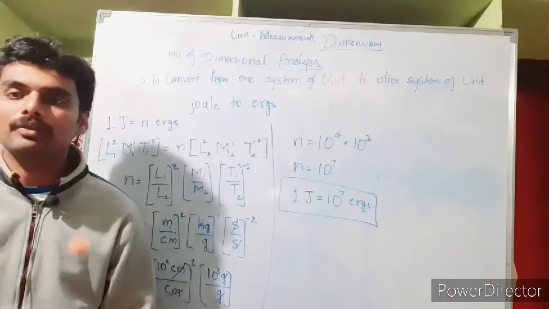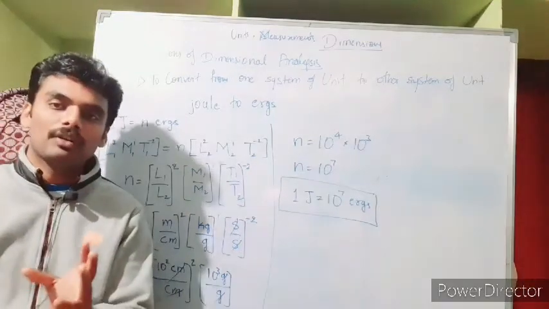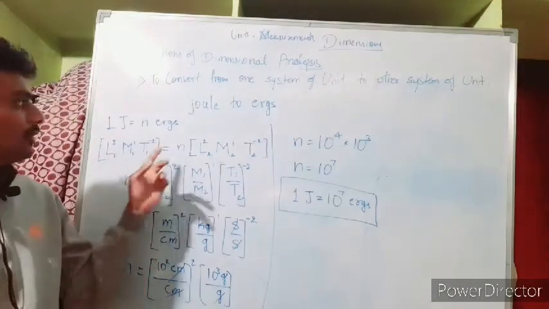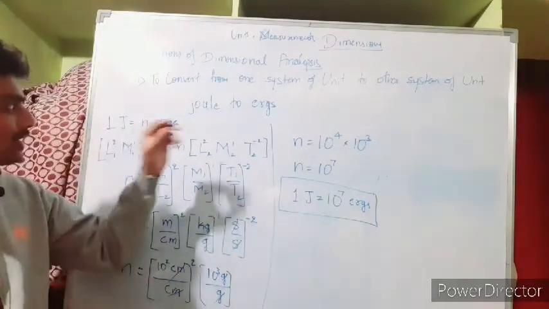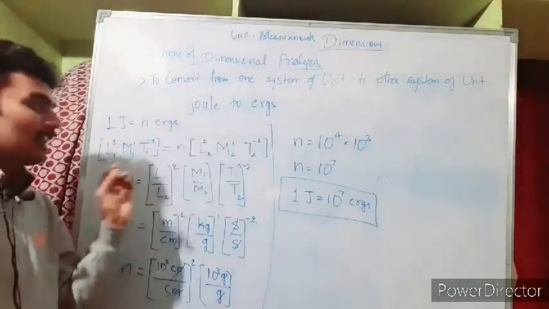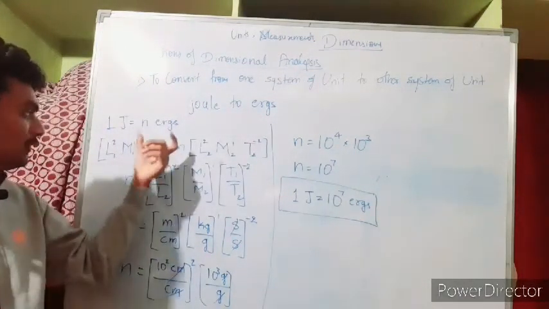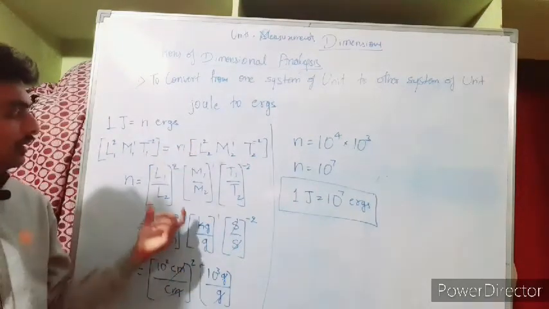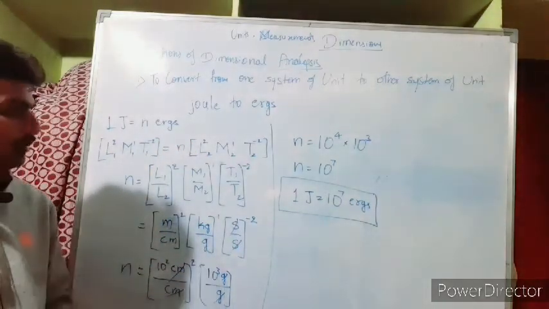Before that, you should have the idea about the dimension of the physical quantity given. See, in the beginning we did not have any idea about the dimension of energy or work. We derived it actually. After deriving it, we put that into this formula and continued the process.